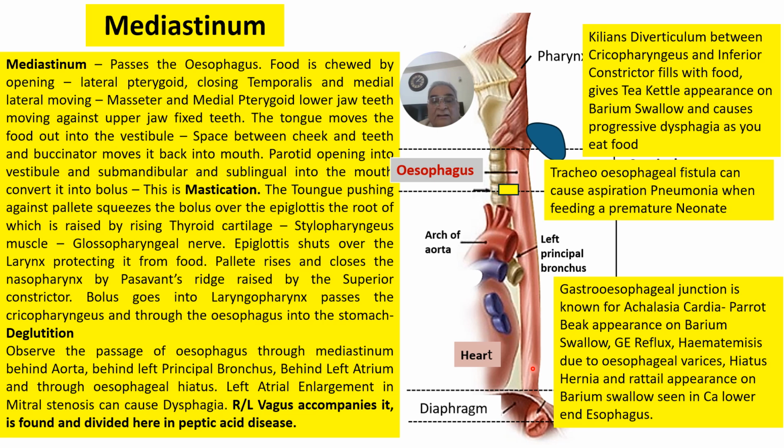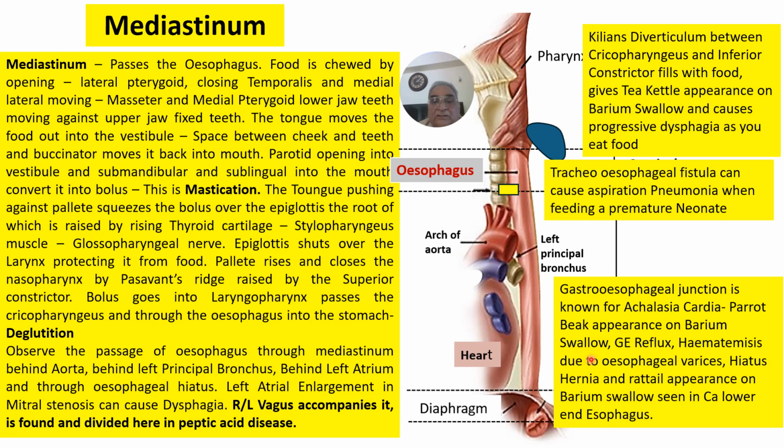And in the neonate, whatever he takes as milk, he vomits out immediately. So there's a severe dysphagia and parrot beak appearance, and you will have to resect this segment and anastomose the esophagus with the stomach to treat it. Till then, you will have to put in a rice tube and feed the child.